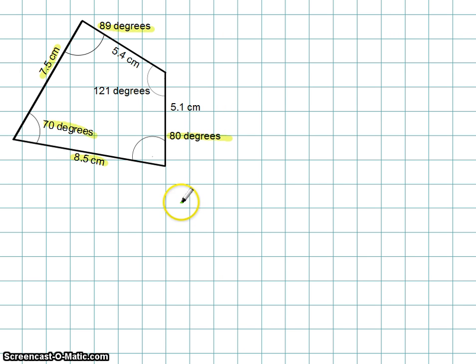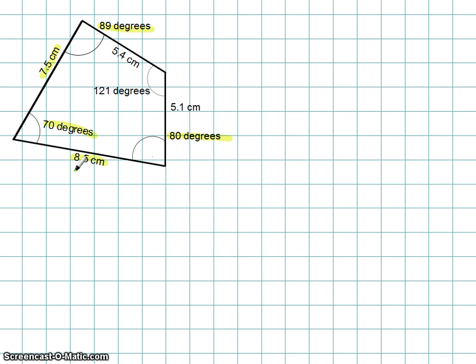Okay, and again, by focusing on only these five measurements or information about this quadrilateral, you can still draw a new quadrilateral which will have all the exact same measurements as this one here.